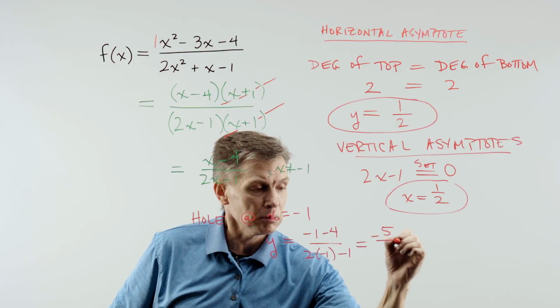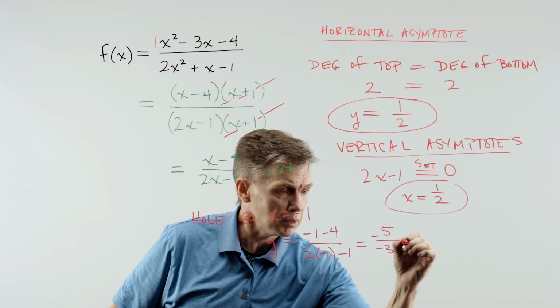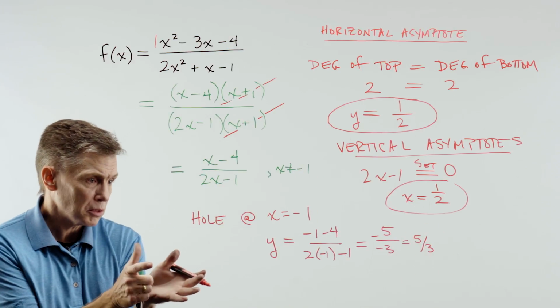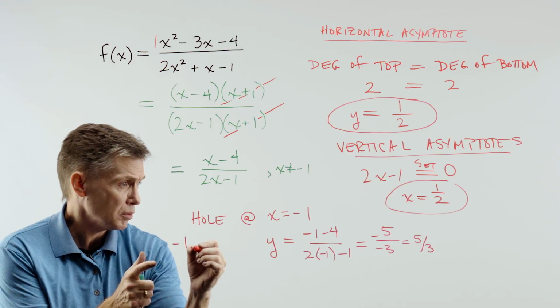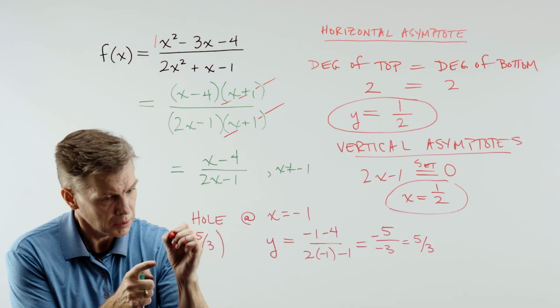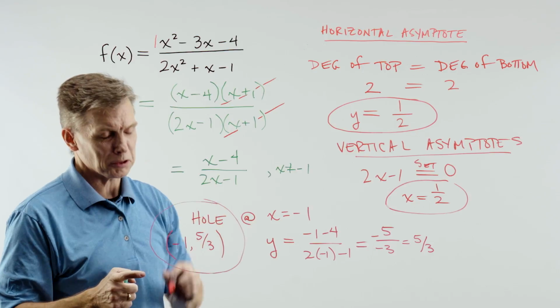A little bit of arithmetic: -5 over -3, which equals 5/3. So the hole has coordinates of -1, 5/3 as an ordered pair. In fact, another circle there for your answer.